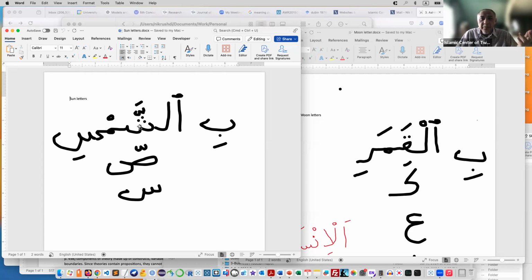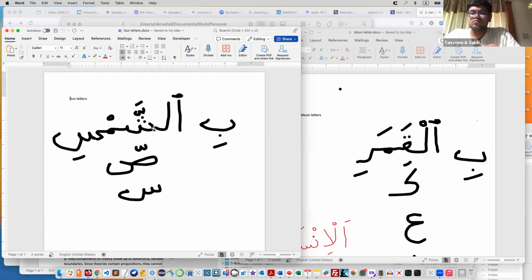Another way we know it is a sun letter is, what is it again, Arif? Other than alif lam, how do we know this is a sun letter? Because the sukun on the lam is not shown. Very good. Yeah, most Qurans will have that, right? But there's another way that you know for sure. Sometimes the Quran will have the sukun and you still have to, but usually the Quran will not show the sukun on top of the lam, right?